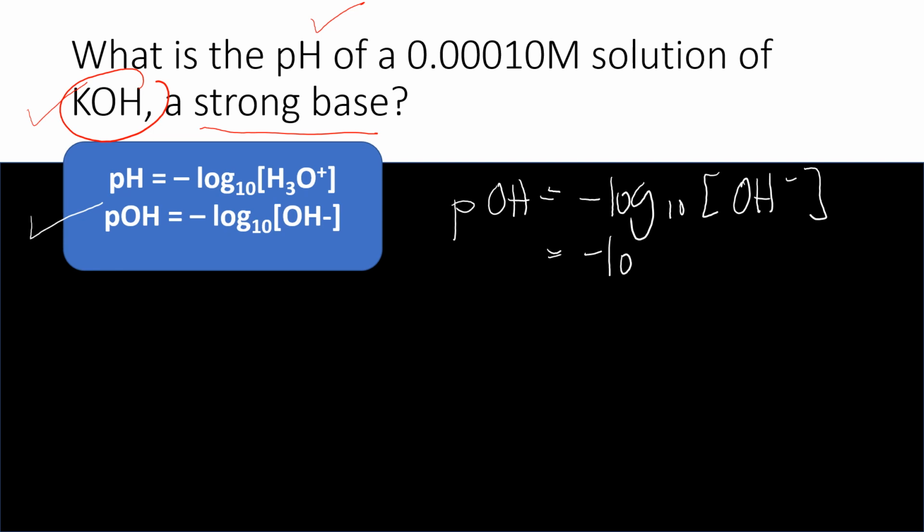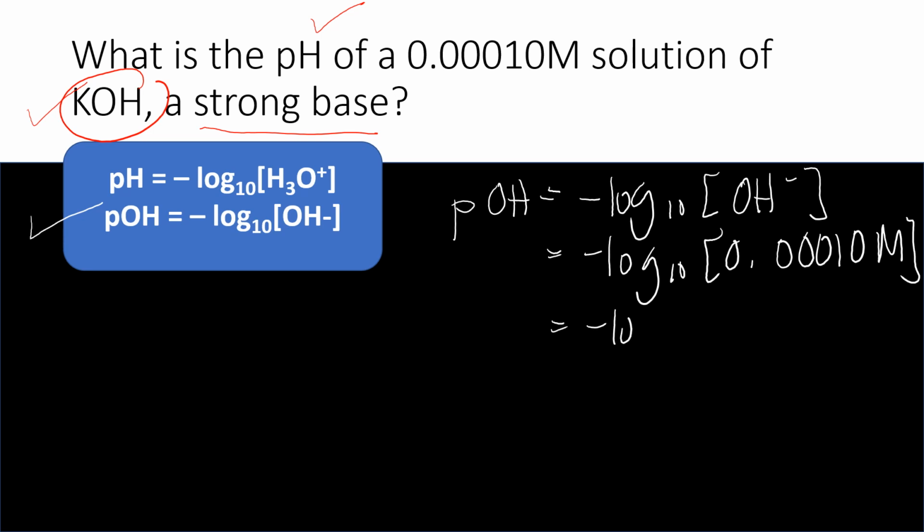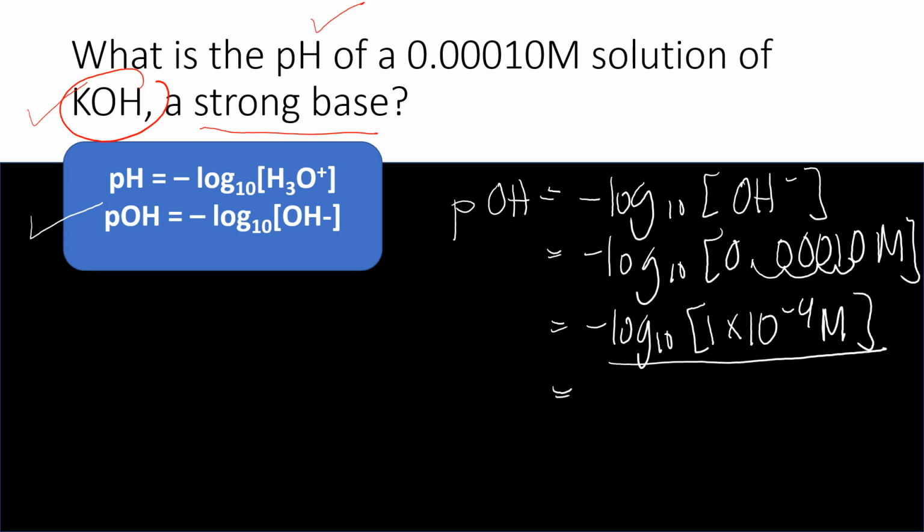So negative log 10 of 0.00010 molar solution. This is 1, 2, 3, 4. 1 times 10 raised to negative 4 M. Same solution. When you plug this on your calculators, it will give you 4. That means your pOH is equal to 4.